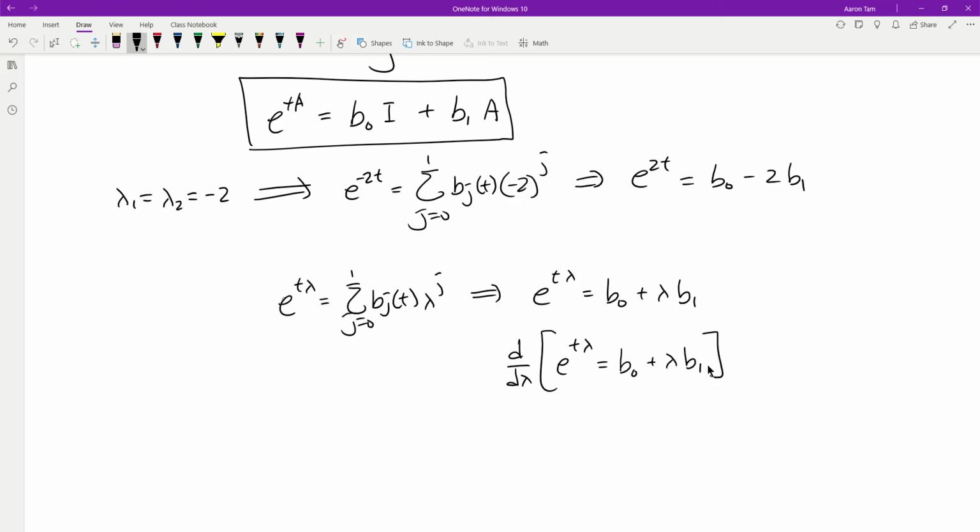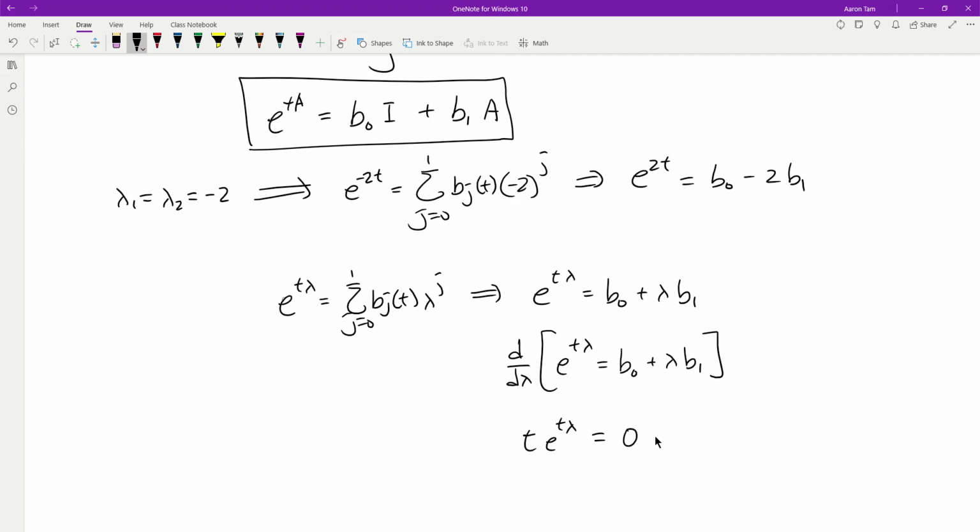Well, simple. When I take the derivative with respect to lambda, we're treating t as a constant. So it becomes t e to t lambda equal to b sub 0, which would be a function of t. But t is constant, so b sub 0 will actually be a constant function.